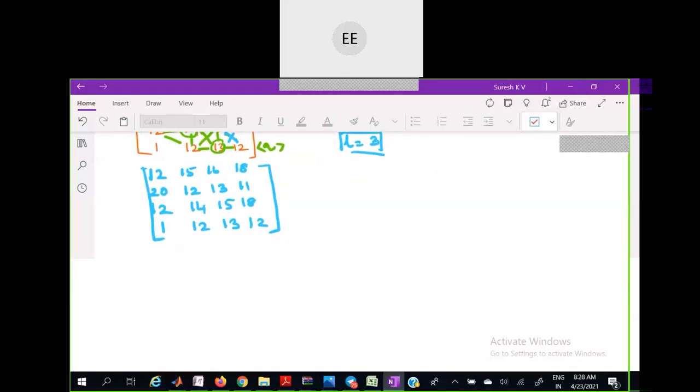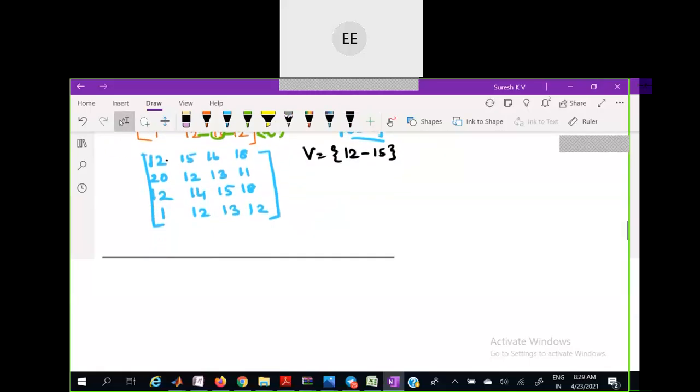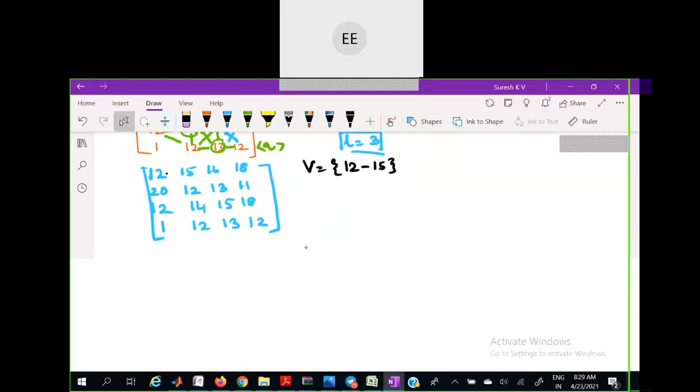Let me just use a different color. So maybe I'll use black color. So 12 and 15 here, because the set V is the same, there is no difference. Set V is 12 to 15. I think that's what I have given here. So 12 and 15 are M connected.